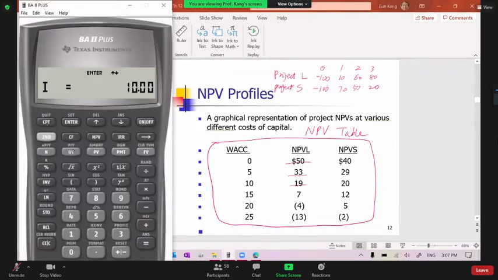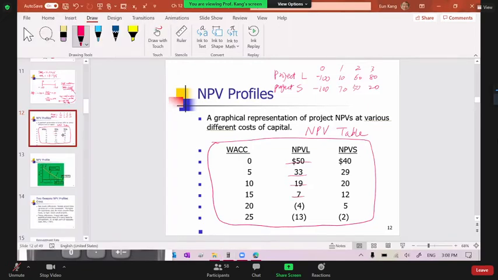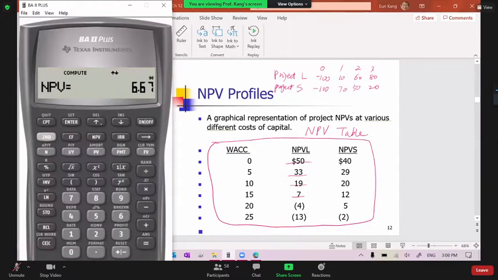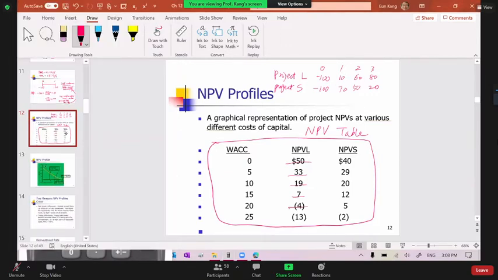And up arrow 15, down arrow compute, 6.67. Then up arrow 20, enter, down arrow compute. Then minus 3.7. So I want you to do it until you see a negative number. So you can stop here for L.